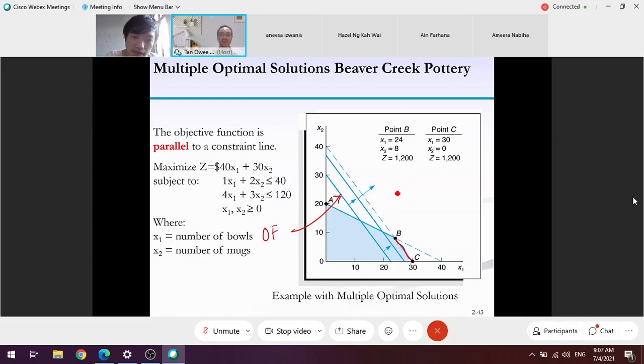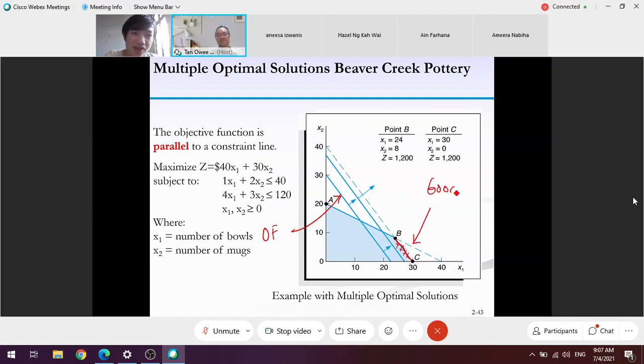However, there'll be cases where there's no single last point. Before you leave the feasible area, you're touching 2 points. It means the optimal solution can be B, can be C, can be any point between B and C. Do you think this is good or bad?